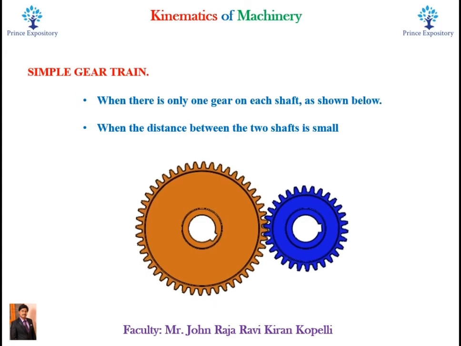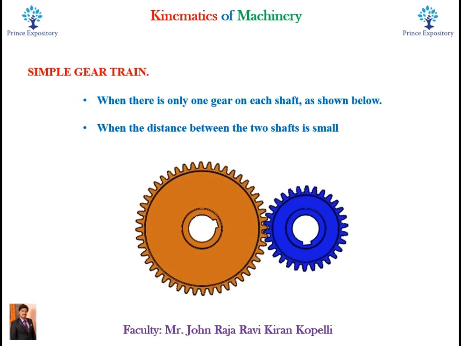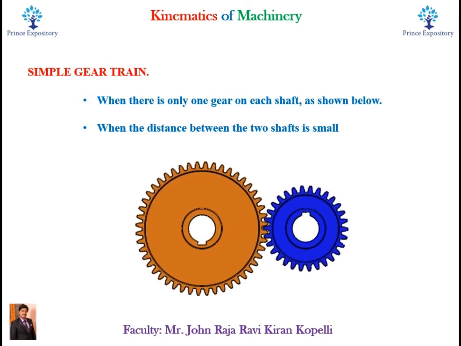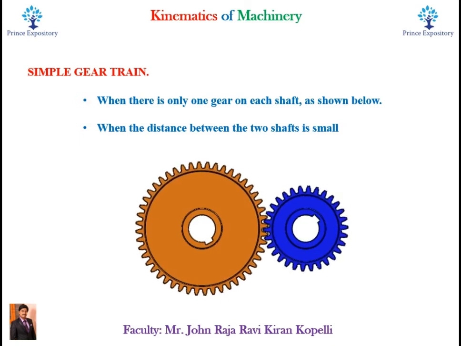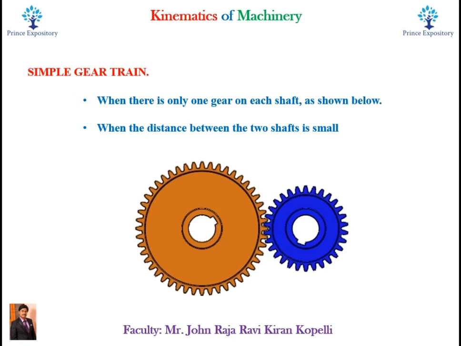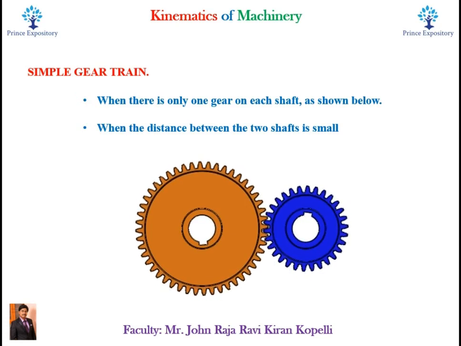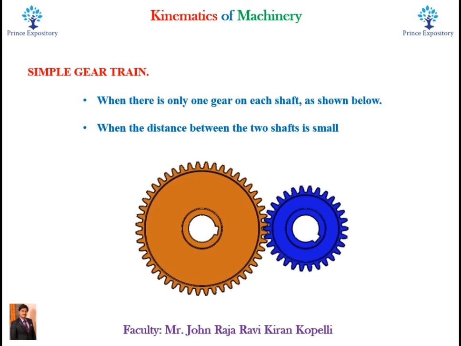So therefore from this definition we can write down velocity ratio or speed ratio as speed of the driver divided by speed of the driven. Therefore, finally, we can write speed ratio is equal to N1 by N2 is equal to T2 by T1.